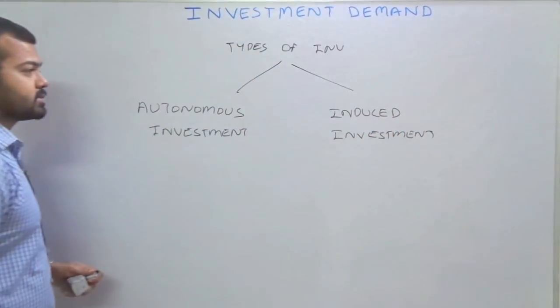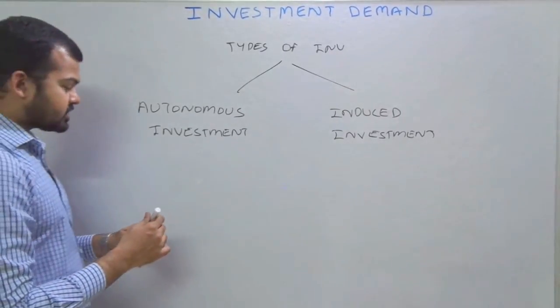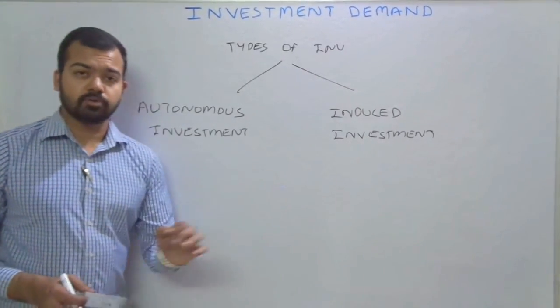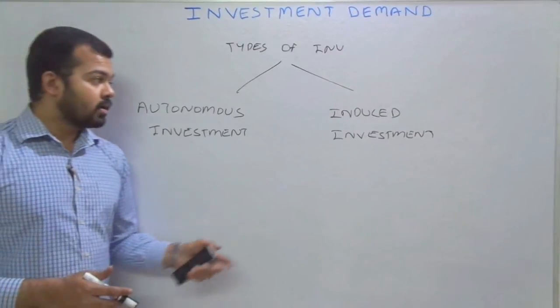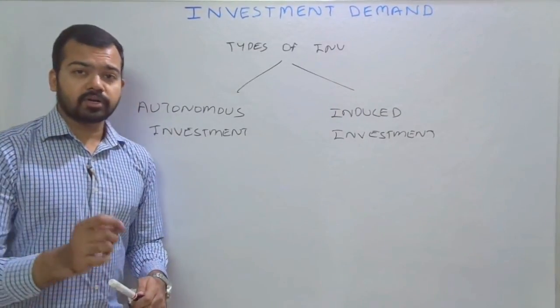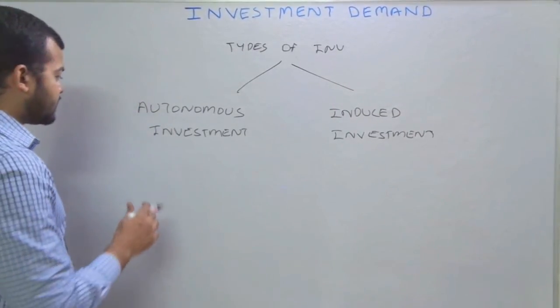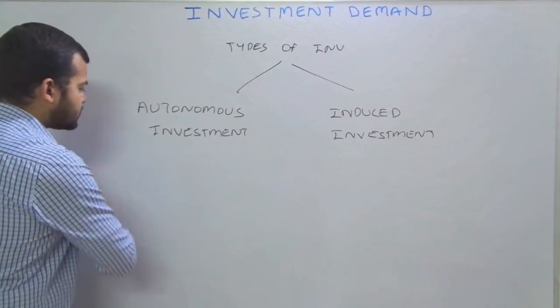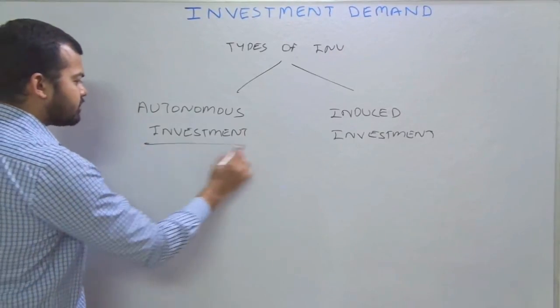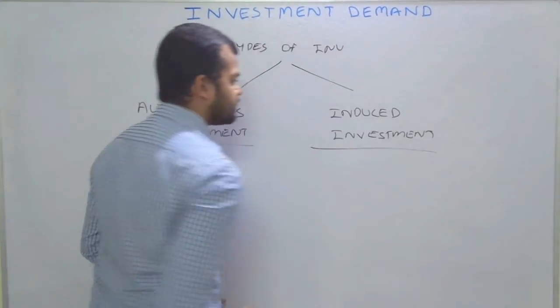Understanding the difference between these two is the most vital part of this video. This is the most important concept given by John Maynard Keynes. Here we consider autonomous investment first, and then induced investment.